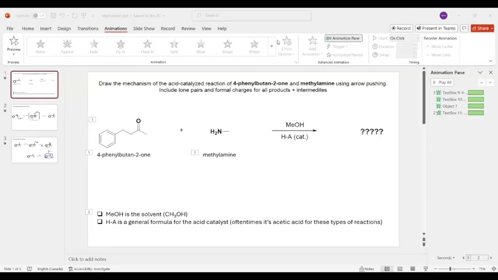Just want to make sure that I can see it. There we go. I'm hoping that everyone can hear me okay. So I'll put it in reading view and I hope the animations work.